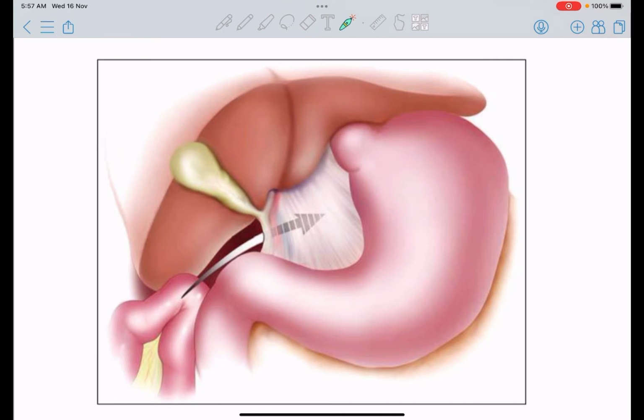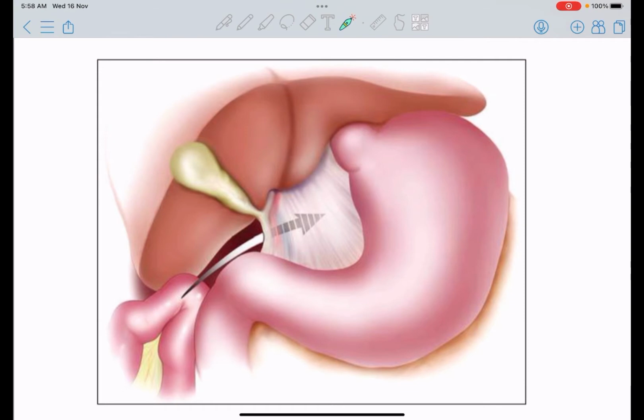The viscera don't come outside the peritoneal cavity, which is important. Therefore, this is how internal herniation is defined, and that is how we can separate internal hernia from an external hernia. In external hernia, the bowel comes outside the peritoneal cavity, but in internal hernia, the bowel always stays within the confines of the peritoneal cavity.